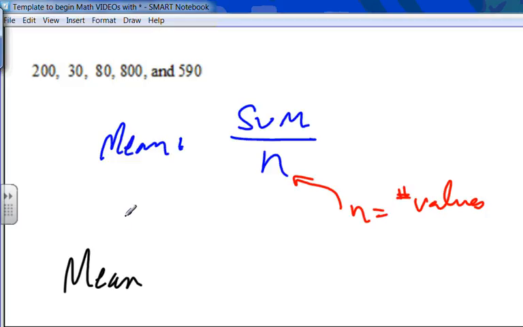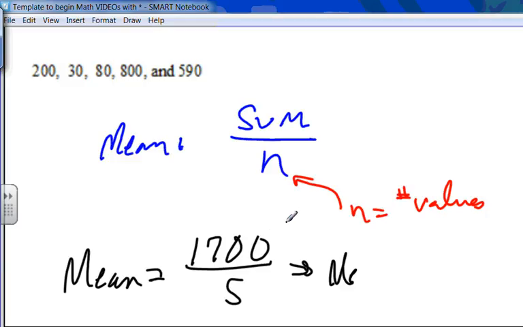So the mean is equal to, we've got the sum of 1,700, and there's 1, 2, 3, 4, 5 values. Therefore, our mean is 340.